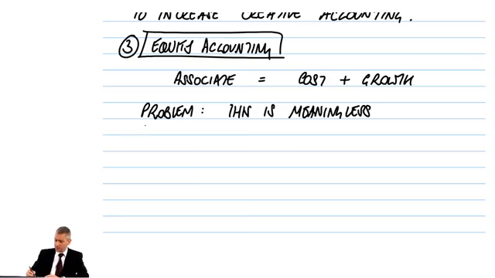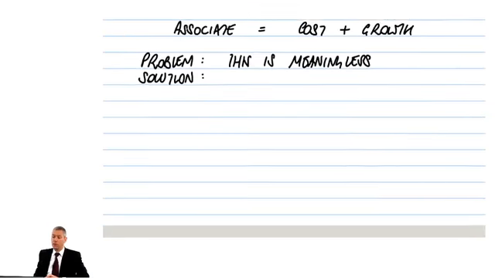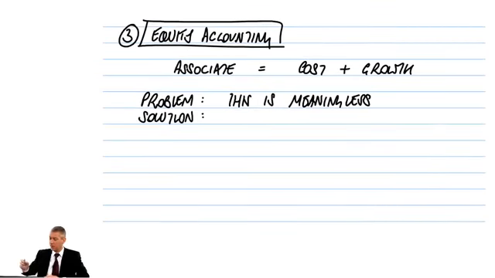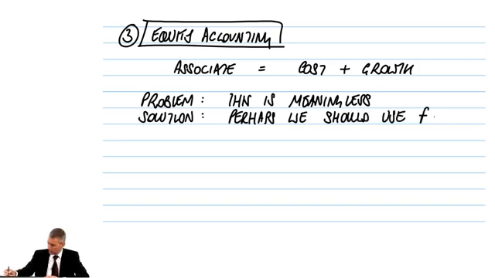And perhaps the solution is not to use this, but to use a meaningful figure. The figure isn't perfect, but at least it's definitely meaningful. How about using fair value? Perhaps we should use fair value.